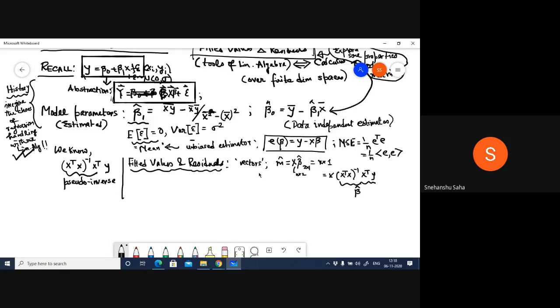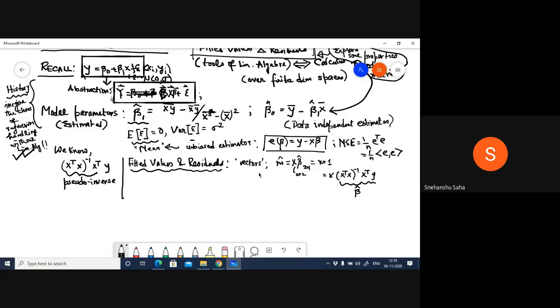Having said that, let's now bring everything to a matrix abstraction. Now, m hat is this matrix times y. Since you are representing this in terms of a matrix operation, this is linear, and so we can say this m hat, the fitted values, is linear in y.